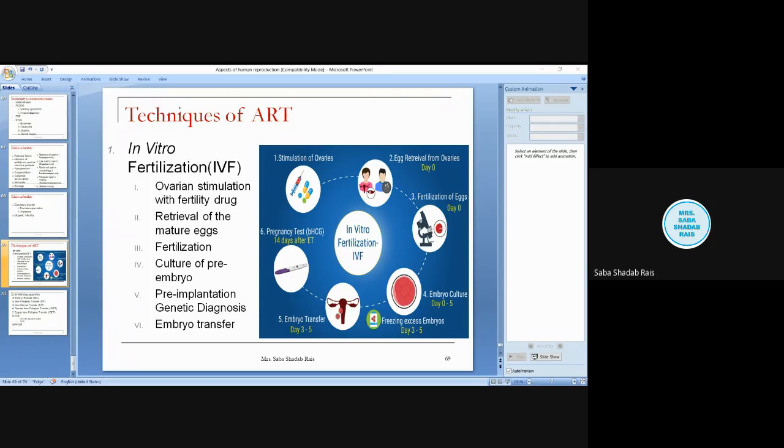The next method is testicular sperm extraction, that is TESE. This is the treatment for males who are not able to ejaculate, meaning they may have an erectile problem or some other problem where the testis is not able to ejaculate the sperm.